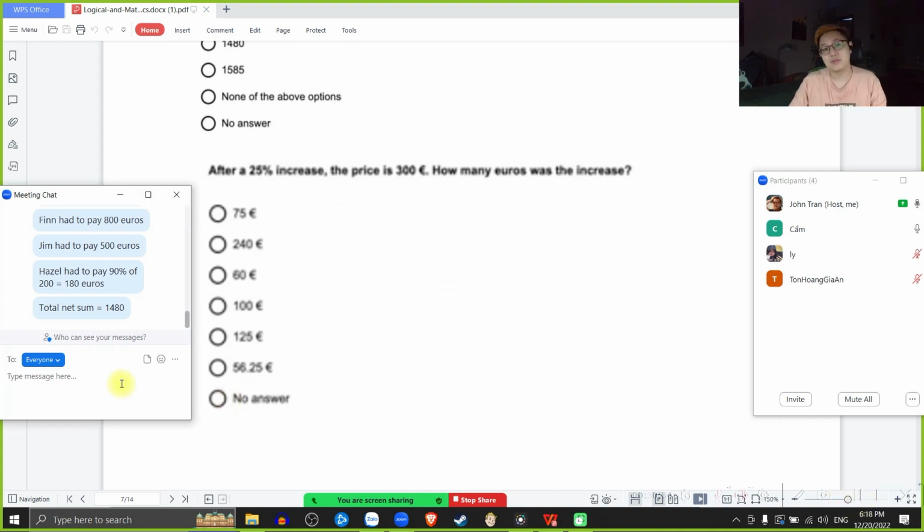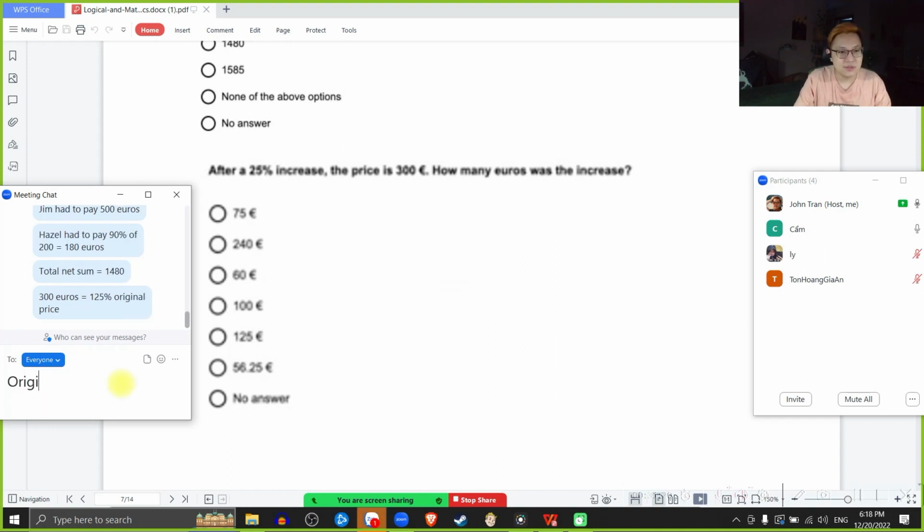Sau một sự gia tăng 25% giá, tức là cái giá 300 này là 125% của giá gốc, right? So after a 25% increase, this price 300 euro is 125% of the original price.